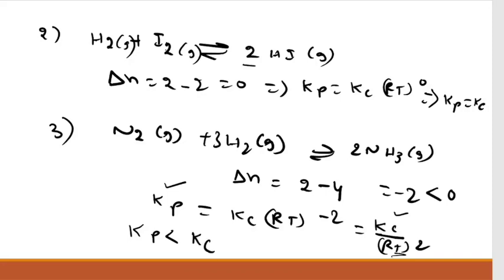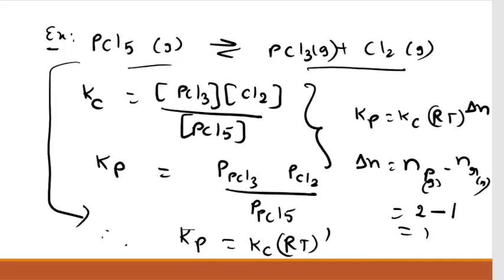In the first example, how are Kp and Kc related? Check once. In the first example, Kp is equal to Kc into RT power 1. We are multiplying the Kc with RT, then only we are getting Kp. That means Kp is greater than Kc.